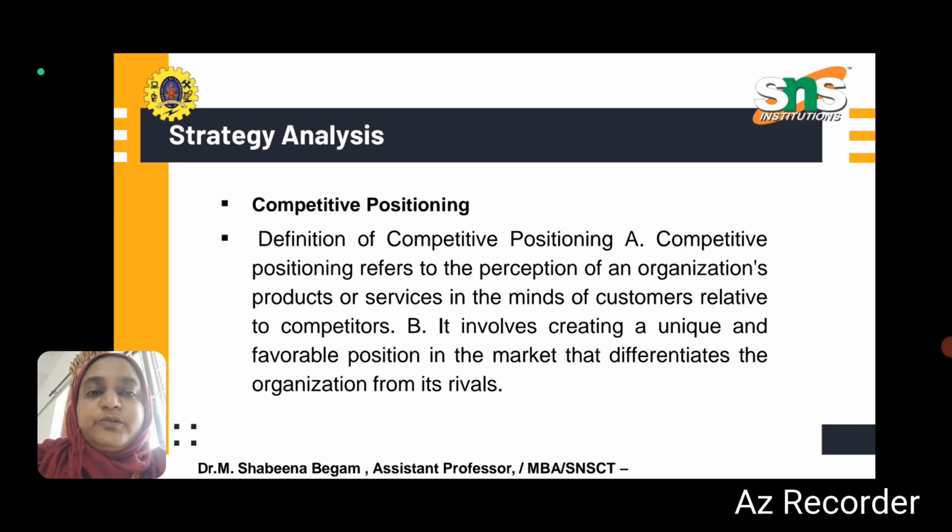Then competitive positioning. Competitive positioning refers to the perception of an organization, product or service in the mindset of the consumer relative to competitors. For example, we could take two concepts here.